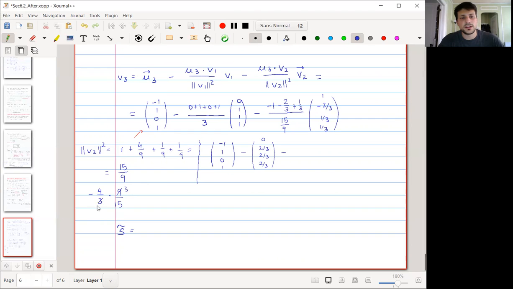So we get a 3 here and nothing there. And this becomes a 5. So we get 4/5 times the vector that is in there. 4/5 minus 2/3 times 4/5. And that's, well, we'll write it in a second.